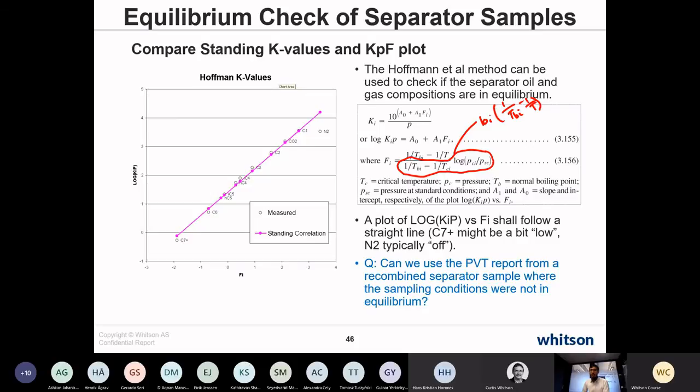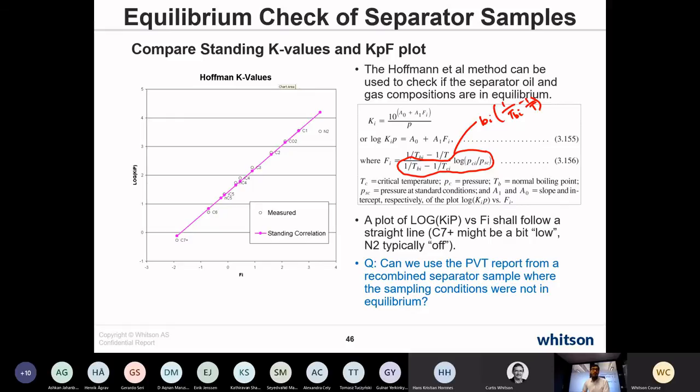But all other data, if we have measured any other data on the well stream, the CCE, CVD, or DLE, or any other experiment, should be used in the EOS model development, because we went through this point that the accuracy of PVT data is not the same as the representativity of the sample.